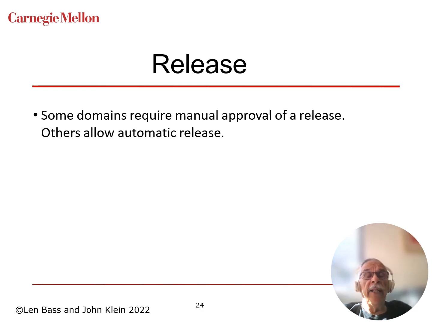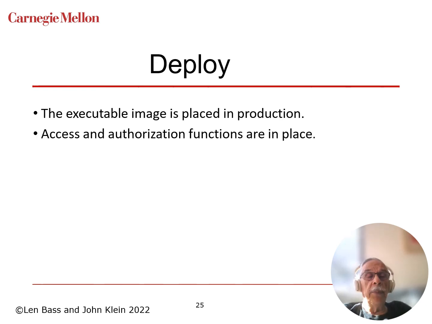And then you decide to release the system into production. That can be done automatically based on passing the tests, or it can be done manually by somebody looking at the tests that were run and deciding whether or not those tests are appropriate and saying, okay, this system is good to go. And then you put it into production. So the executable image is placed into production.